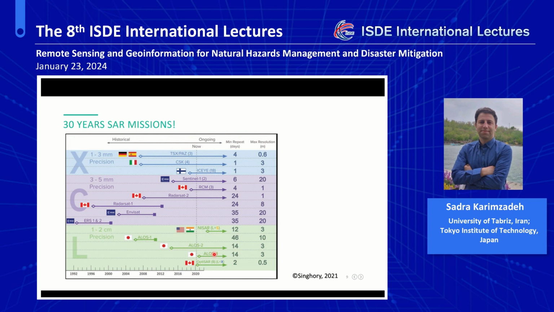ALOS-4 has not yet launched, but is planned to be launched soon. You see the minimum repeat cycle in days, and also the maximum spatial resolution. NISAR is also coming, a joint project between NASA and ISRO, the US and Indian administrations.